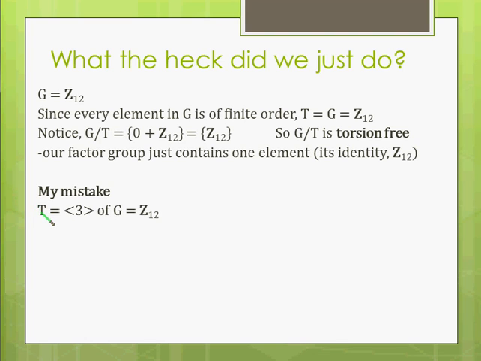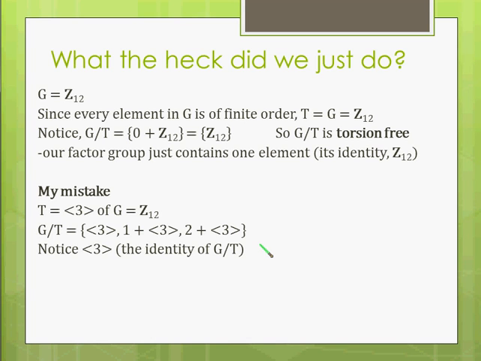How about we take a torsion subgroup generated by 3. Since after all, this subgroup generated by 3, all the elements are of finite order. So it's a torsion subgroup of Z12. Well then, G mod T consists of cyclic subgroup generated by 3, 1 plus 3, and 2 plus 3.